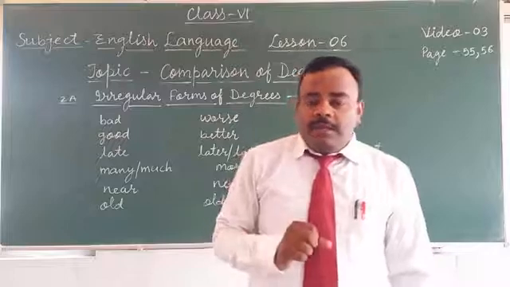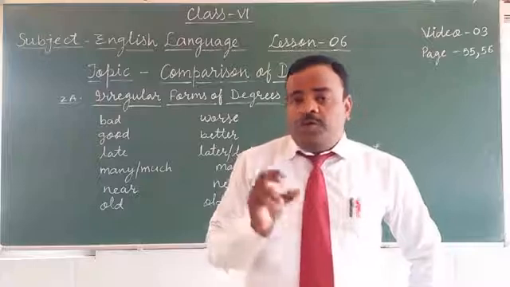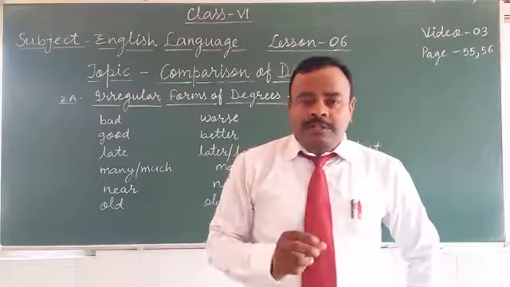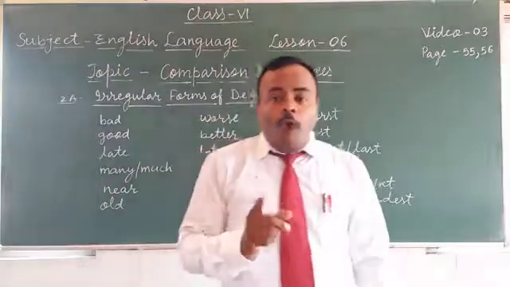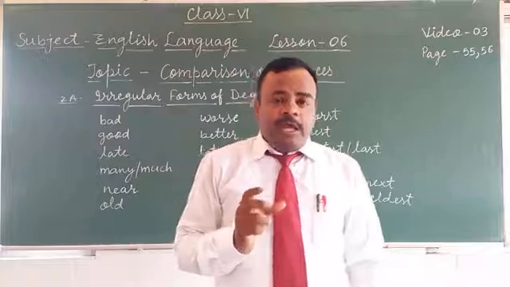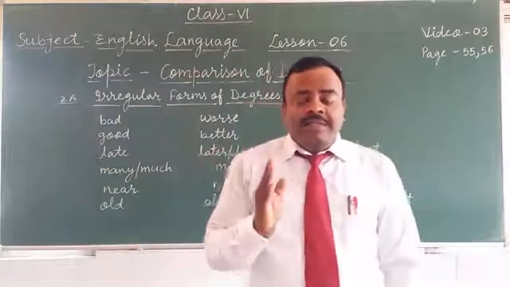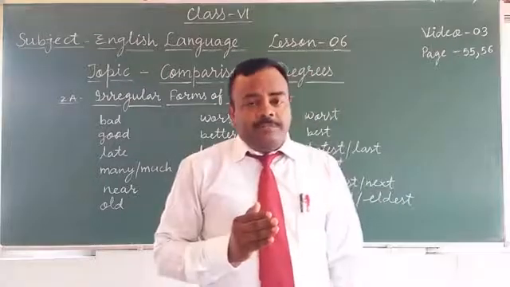In positive degree, when we talk about one noun, we use positive degree. And you know, all the adjectives in their main form are positive degree. Okay? So, Ram is a good boy. So, good is here positive degree.